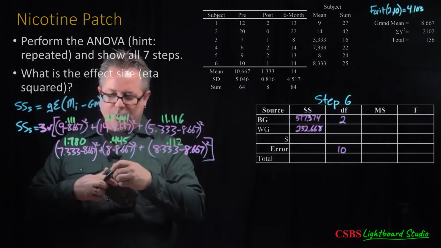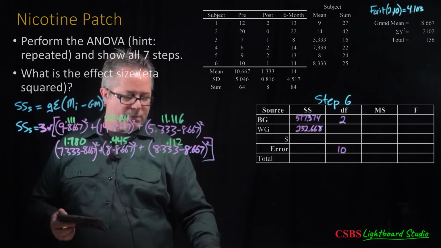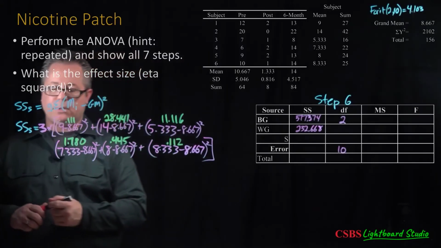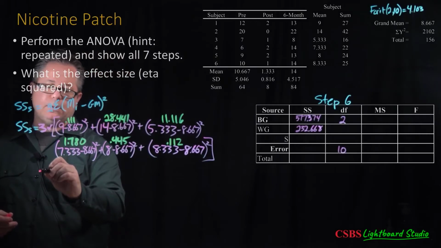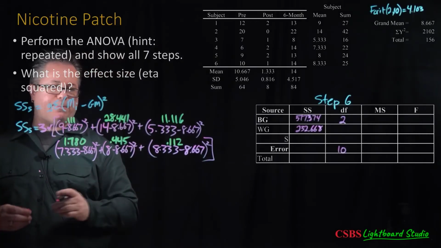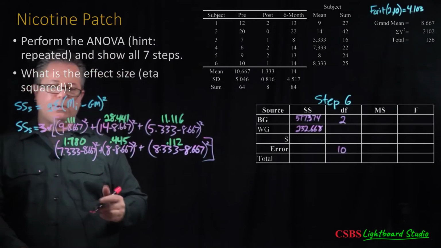Alright. So I'm now going back to here and saying, I need 3 times all that stuff added up. So let's add those up. Multiply by 3.